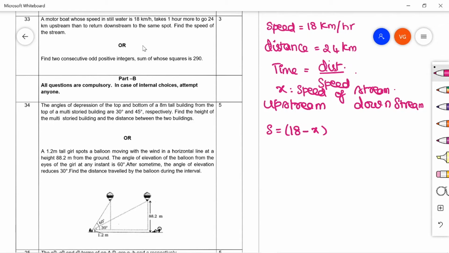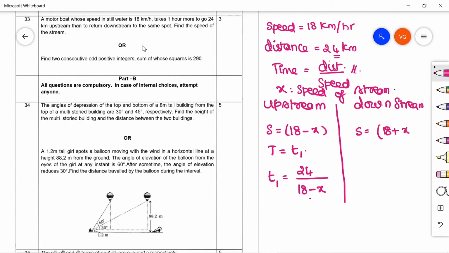Now, let us take time t1 for upstream. So t1 is equal to distance by speed, which is 24 divided by 18 minus x, the speed for upstream. Similarly, for downstream, the speed will be 18 plus x km per hour. Let us take the time to be t2. Now the time for downstream t2 is equal to 24 divided by 18 plus x.